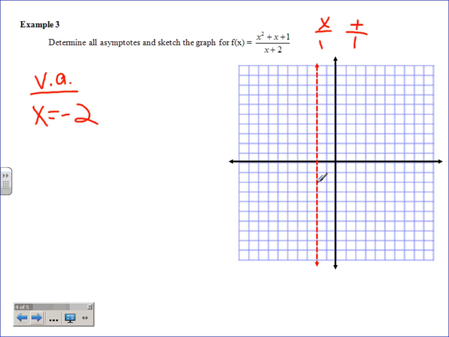So now we have to decide if we have a horizontal, a slant, or none of the above. And we take a look, and the numerator is exactly one more than the bottom. So we're guaranteed a slant. Don't forget all your horizontal rules, though. Those are if they're the same or the bottom's bigger.